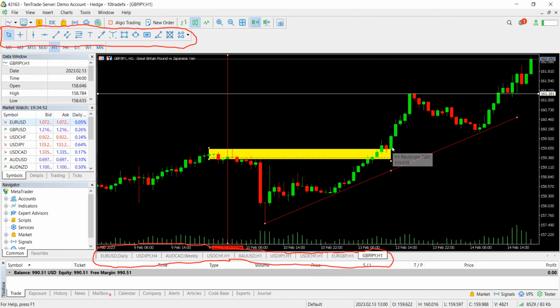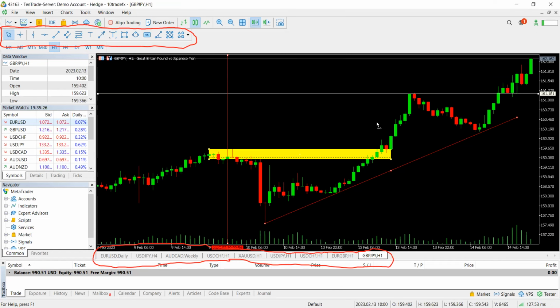Okay, so let's start by talking about the trading terminal of the MetaTrader 5. Let's start by talking about how to place a trade. Before we actually talk about that, I want us to talk about the concept of stop loss and take profit, and then we'll also talk about market orders.